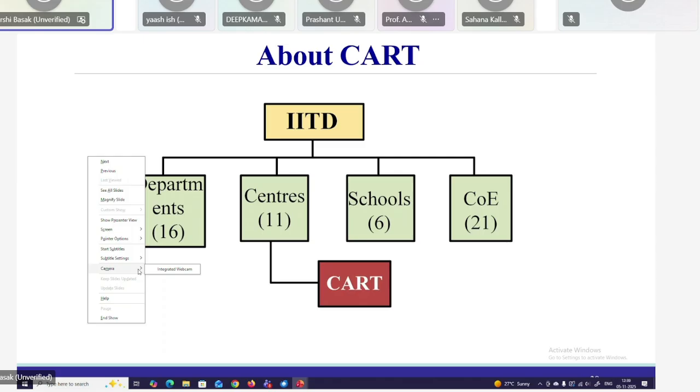Departments will have UG teaching, and centers will have UG and PG and will also participate in research. Centers will have a definite thematic area. We have different centers like the Center of Atmospheric Science, the Center for Biomedical Engineering, and CART, which means Center for Automotive Research and Tribology.